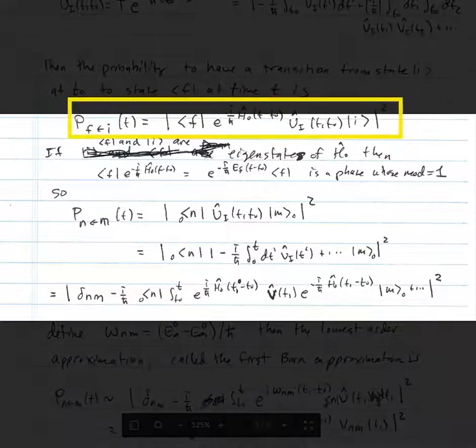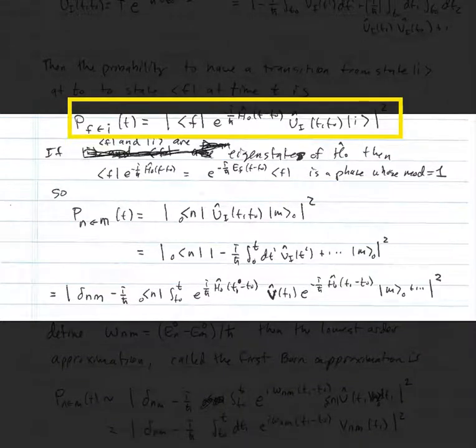The probability to go from the initial state to the final state at time t is the modulus squared of the overlap, or the matrix element, between the final state and the time-evolved initial state at time t, which is written as e to the minus i over h bar H0, t minus t0, U interaction of t, t0 acting on the initial state, that whole thing modulus squared.